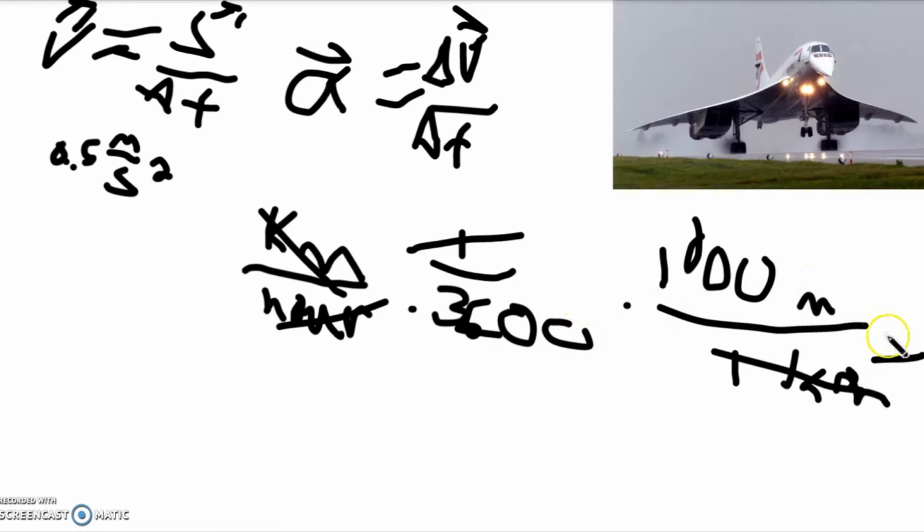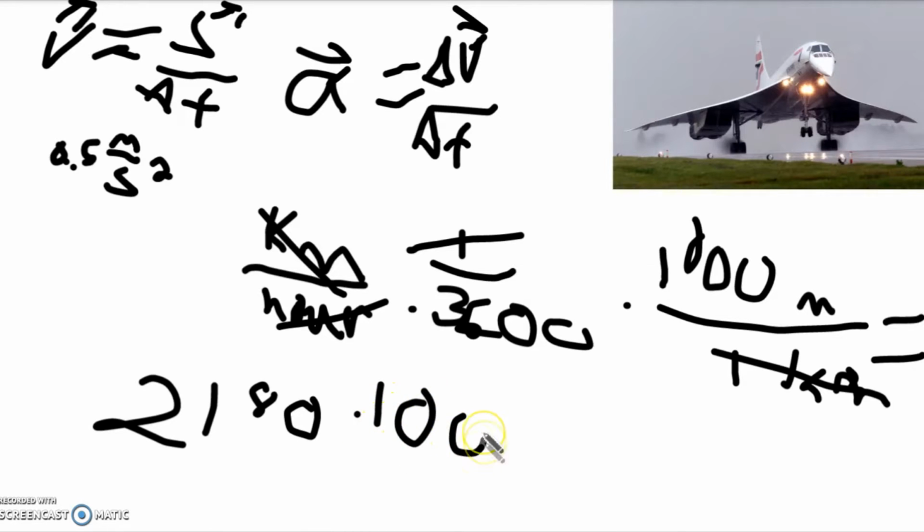Now this equals, we need our kilometers, 2,180, kind of running out of room, guys, times 1,000 because we need our meters, divided by 3,600.